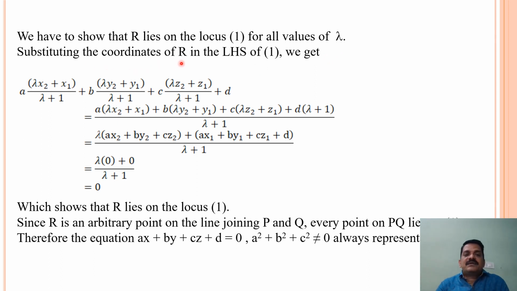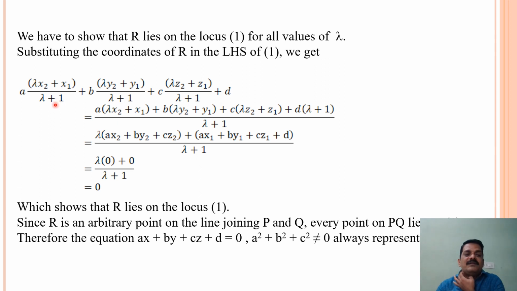Substituting the coordinates of capital R in the LHS of equation 1, we get a into (lambda x2 plus 1 x1) by lambda plus 1 plus b into (lambda y2 plus 1 y1) by lambda plus 1 plus c into (lambda z2 plus 1 z1) by lambda plus 1 plus d.